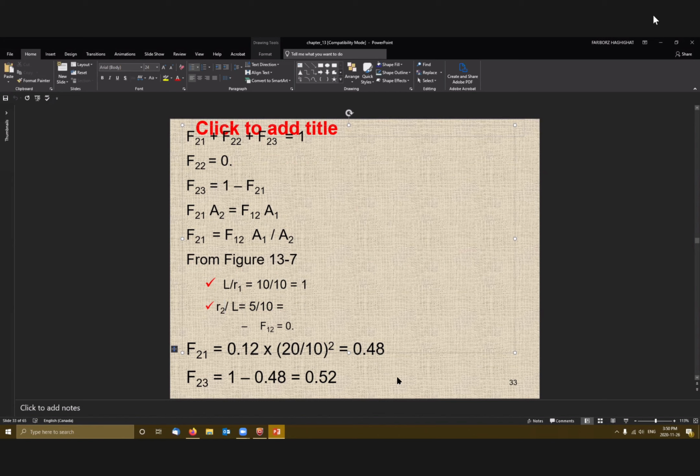Therefore, now we have this one. My mistake is corrected now. Now we have to go back and calculate F3 to 3. How can we do that one? Any suggestion?